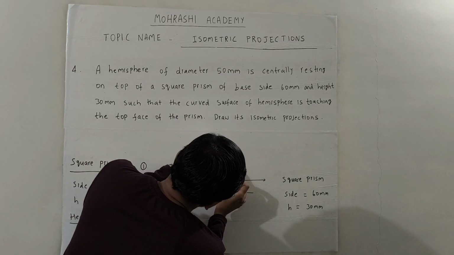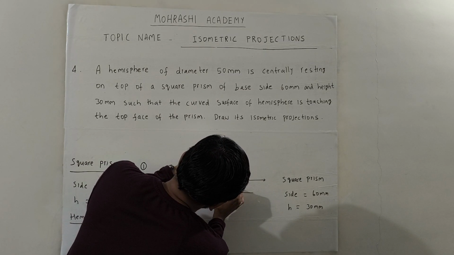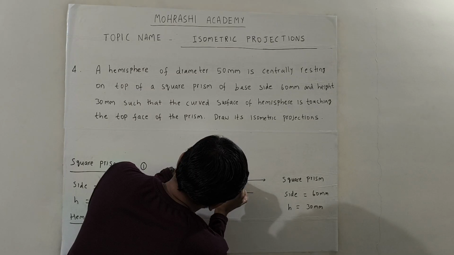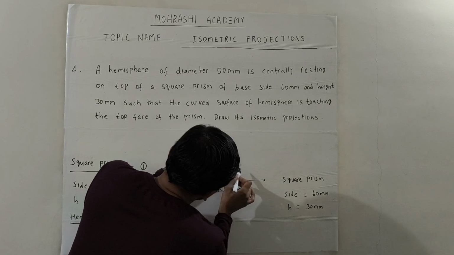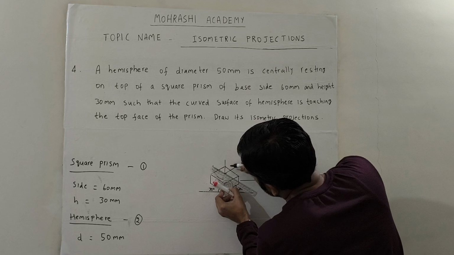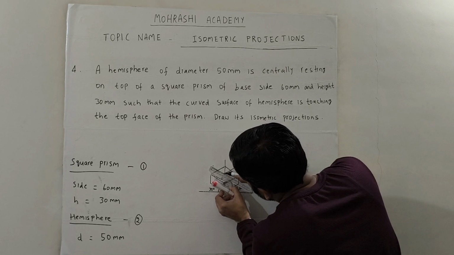Again from here 50 mm, since hemisphere of diameter 50 mm means here to here. From here 50 mm, this means 5 centimeter from here.